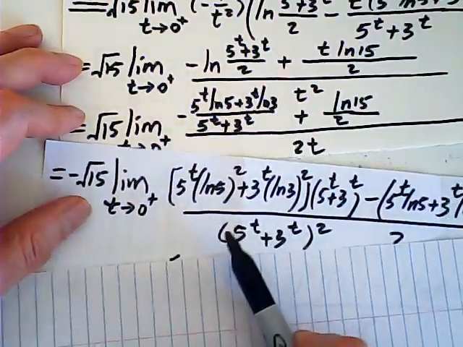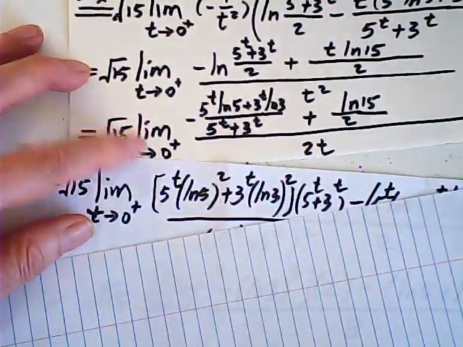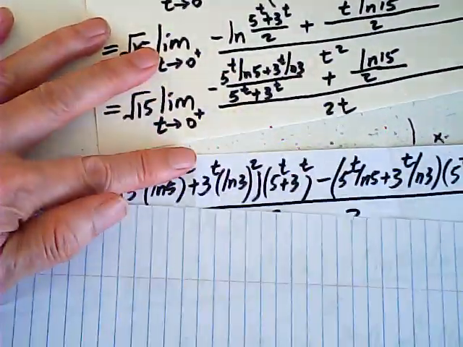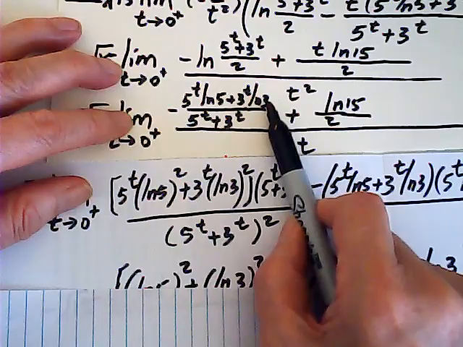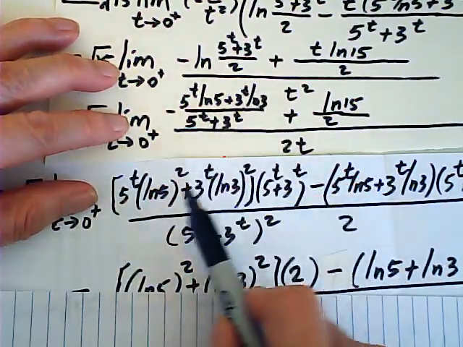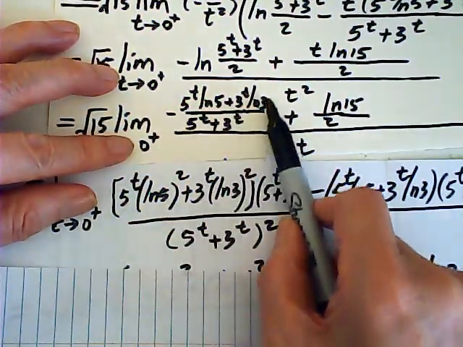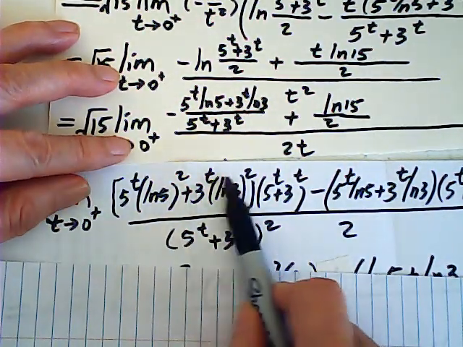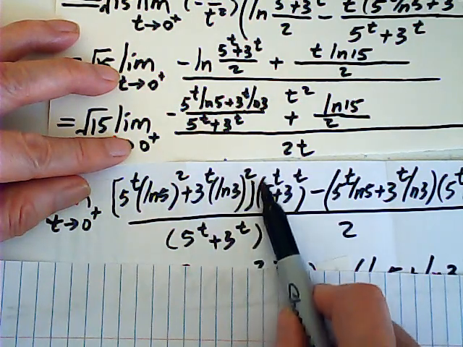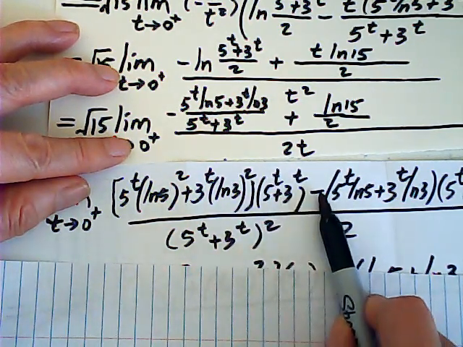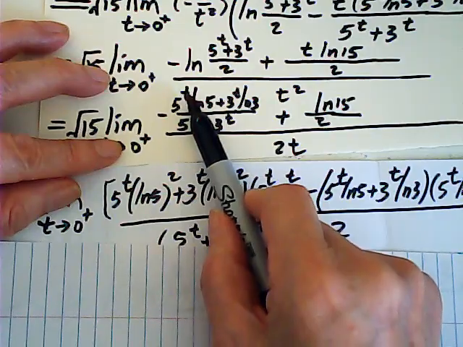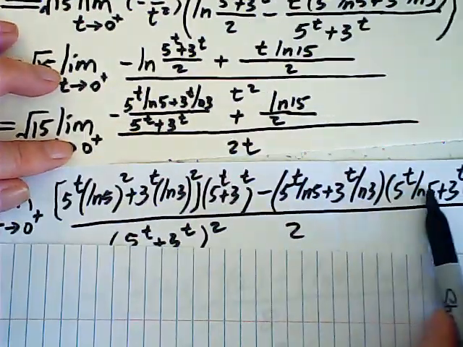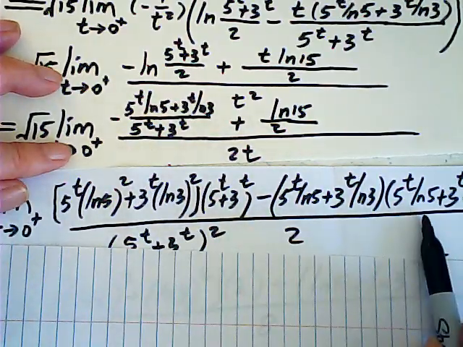The denominator is squared. The numerator derivative, which is this, multiplied by the denominator, minus the numerator, which is this one, times the derivative of the denominator.